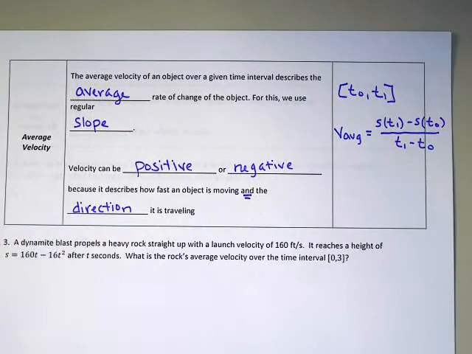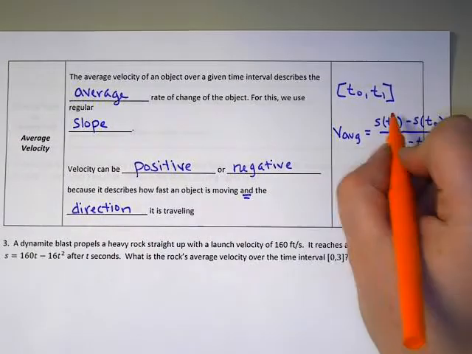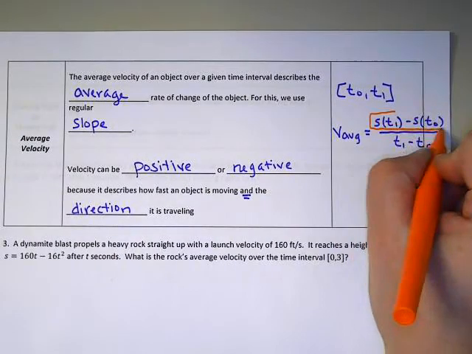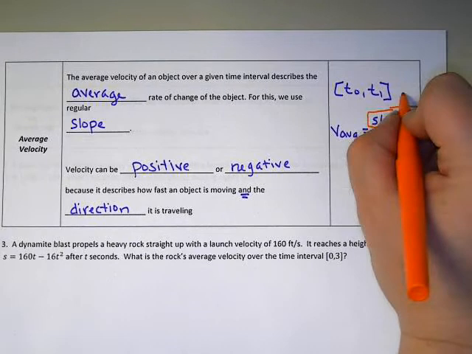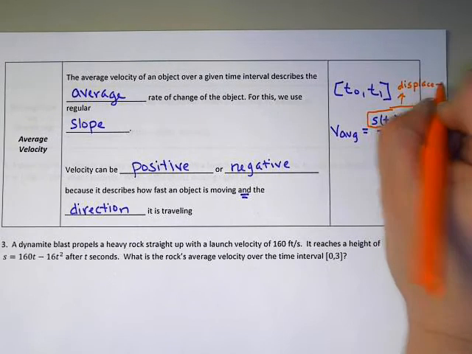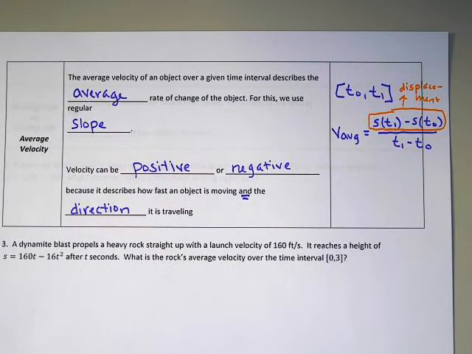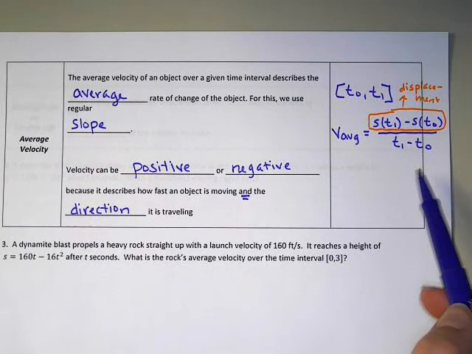So again, regular old slope, and hopefully when you look at this you can notice that the top there is actually that displacement that we were just talking about. So the average velocity is really just the displacement over the change in time.